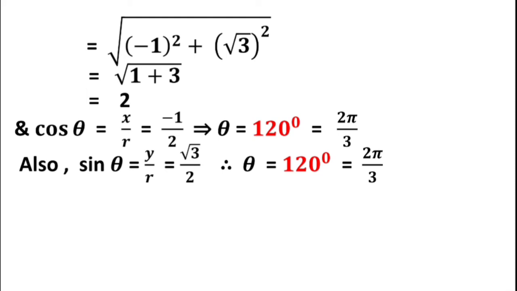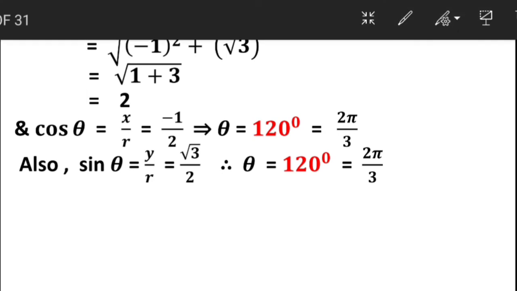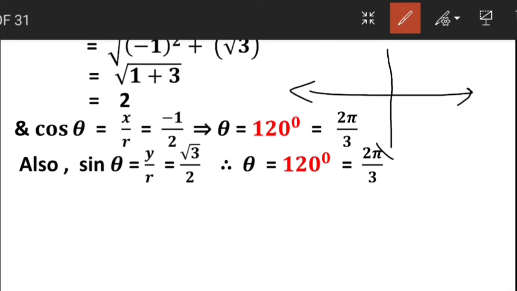But for the same value of theta, cosine is negative. Suppose we divide the plane into 4 parts: first quadrant, second quadrant, third quadrant and fourth quadrant. Each part is called a quadrant.